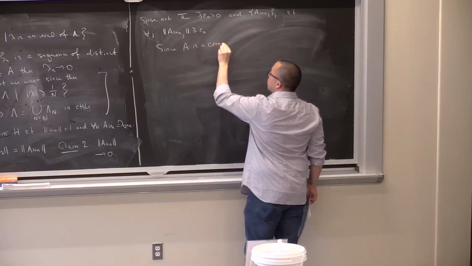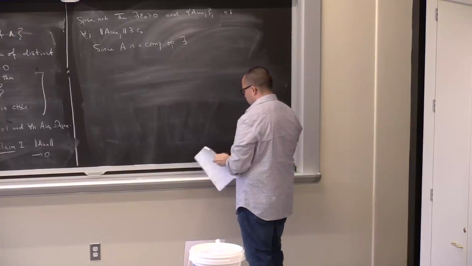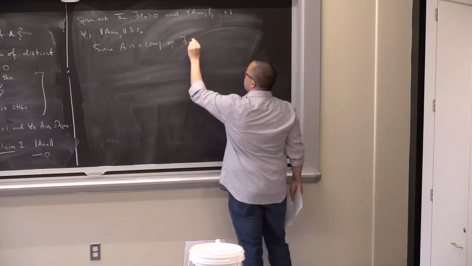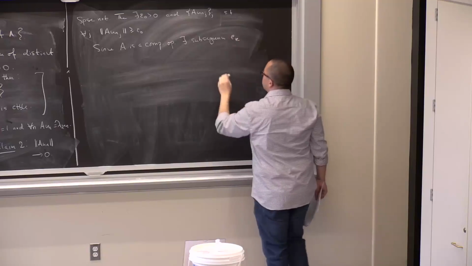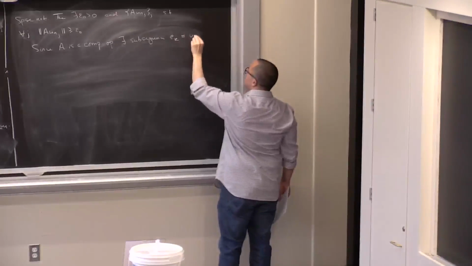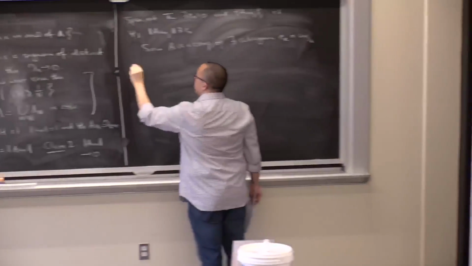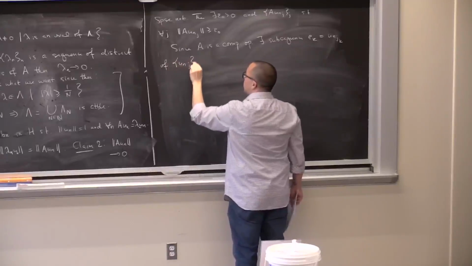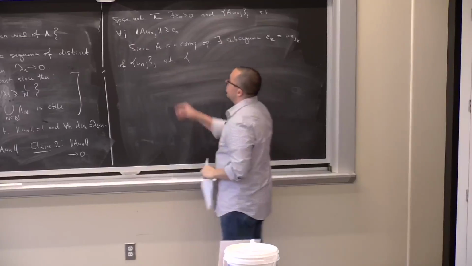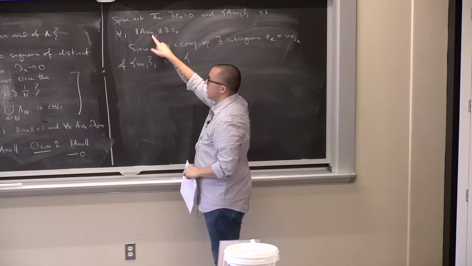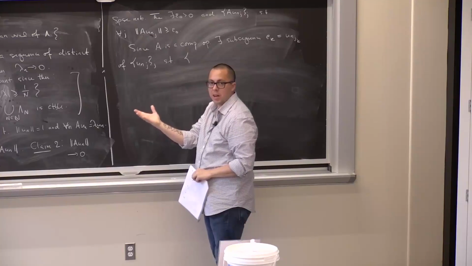Since A is a compact operator, there exists a further subsequence. Let me call it e_k, which is u_{n_{j_k}}, such that, remember, u_{n_j} is a unit length vector, and therefore A applied to that is contained in a compact set, assuming A is a compact operator.